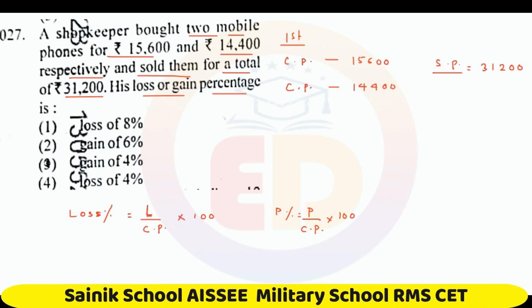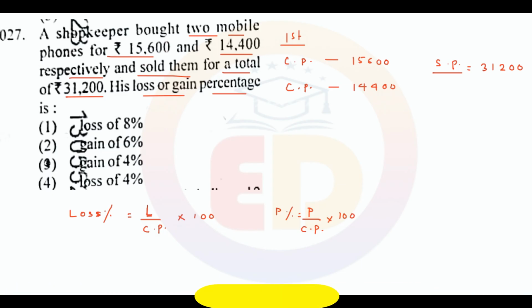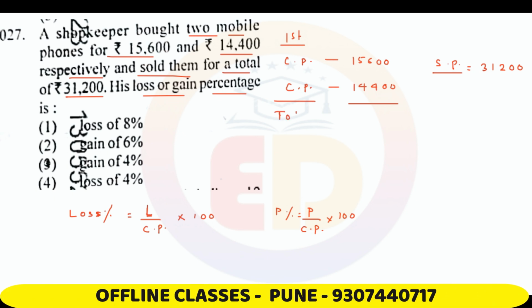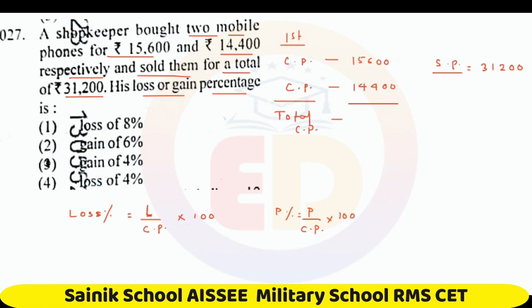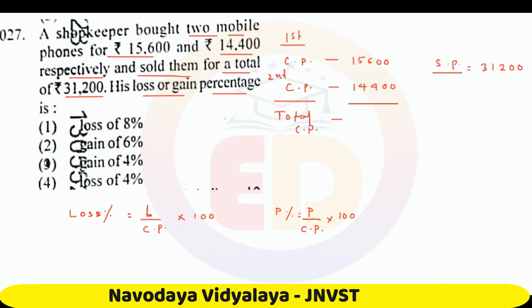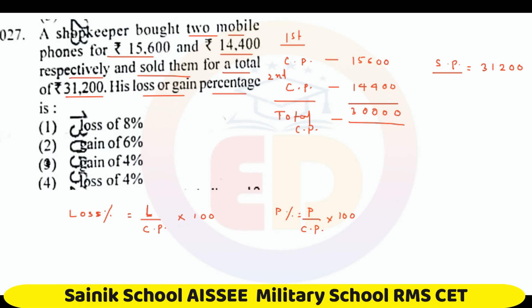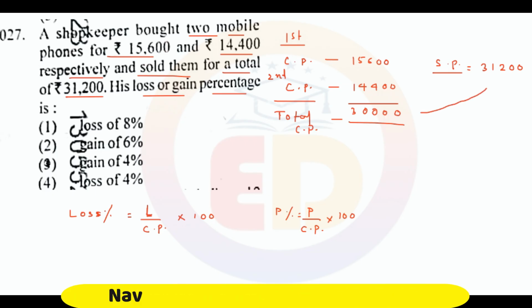Now for both the cases, I want to find out what is the profit or what is the loss. For this, we'll first find out the total cost price of both the mobile phones, which we'll get by adding the cost price of the first mobile phone and the cost price of the second mobile phone. Adding both of them, we get 30,000. So the total cost price is 30,000 and total selling price is 31,200.